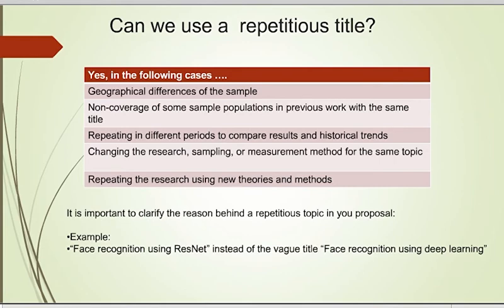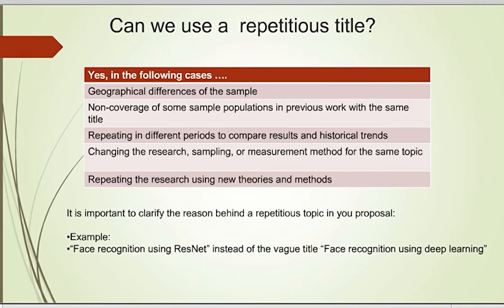As an example, maybe people addressed database speed for many databases like MySQL, SQL Server, Oracle, but they did not cover MariaDB. So you bring the same title but for MariaDB.